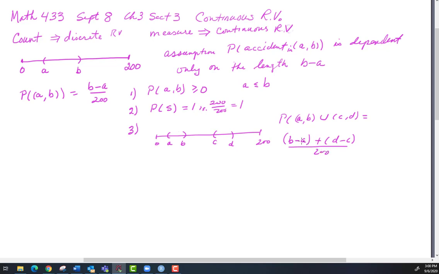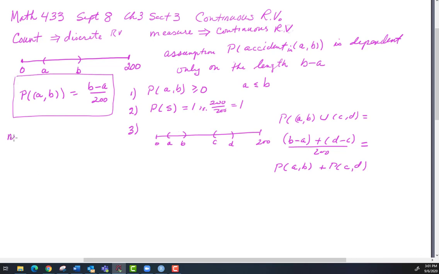And of course, by the laws of algebra, that's B minus A over 200 plus D minus C over 200. And so that's equal to P of AB plus P of CD. So 1, 2, and 3, this is a probability function if it's defined in these terms.